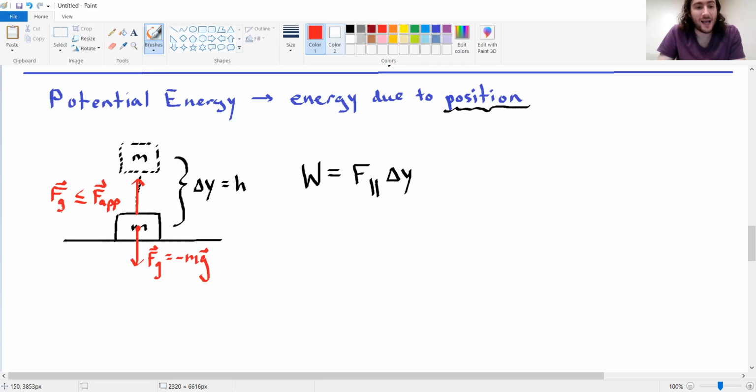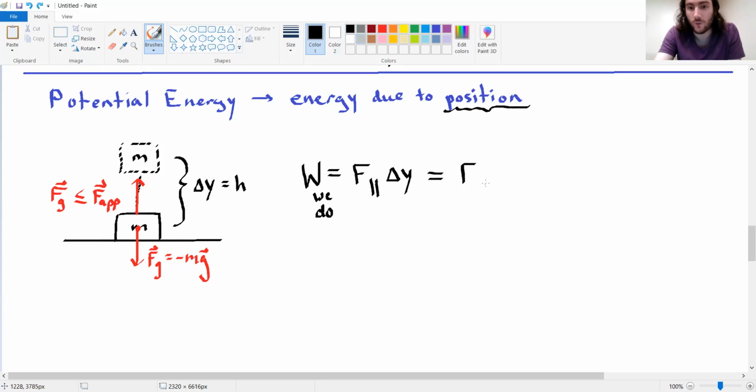If we move the mass really slowly with a small velocity and a force that is equal to the force of gravity, we can write that the work that we do is equal to the force of gravity magnitude.